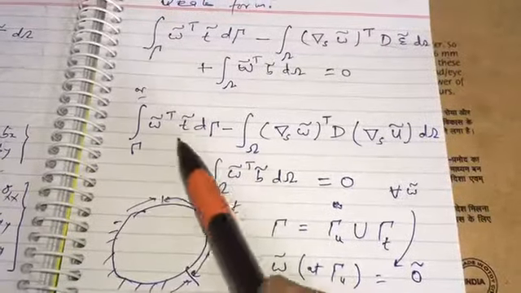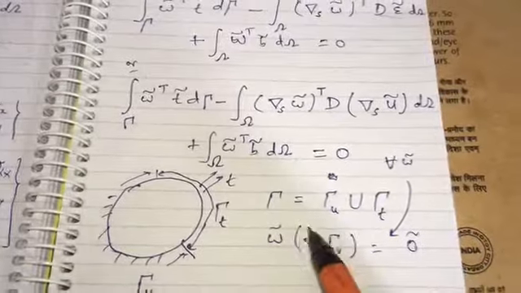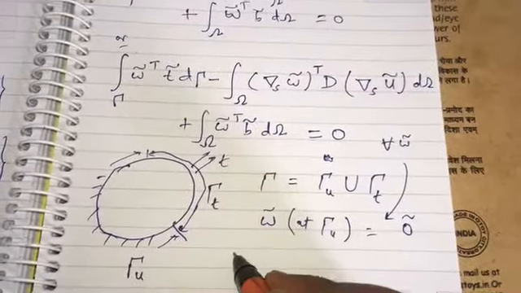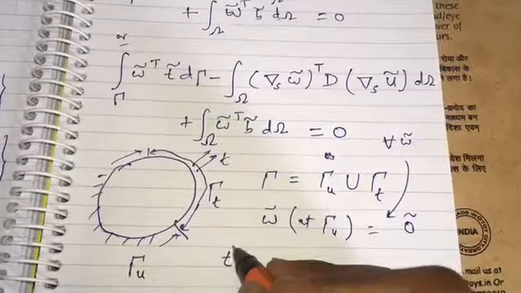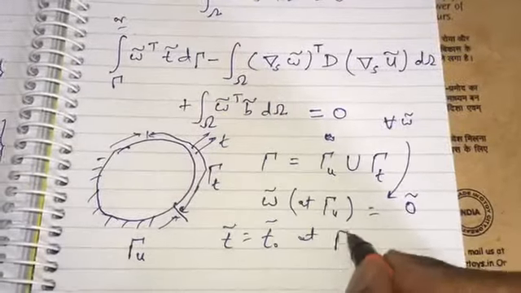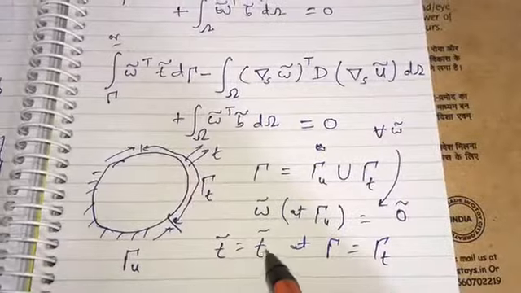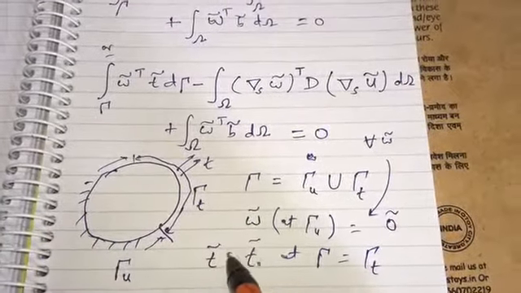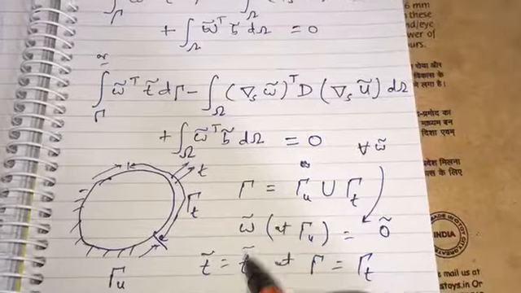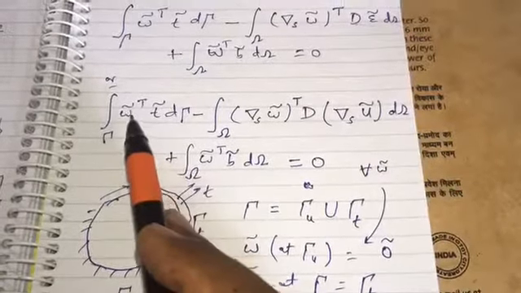At gamma t this term will be there, because at gamma t some boundary condition will be prescribed, and the boundary condition will be t equal to t naught at gamma equal to gamma t. So since this is given and at this w vector is not 0, this term will be there.